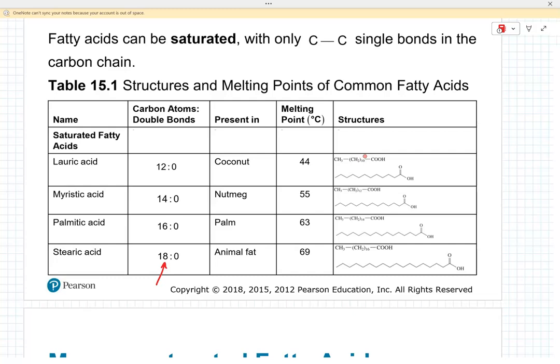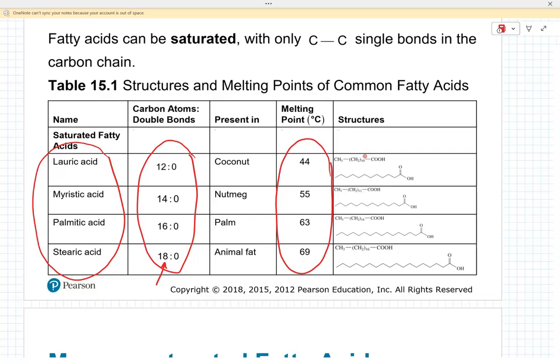So, these are 4 different saturated fatty acids. Please notice they are not branched. Okay? 4 different fatty acids with different number of carbons. Do you see any correlation between the number of carbons and the melting point?